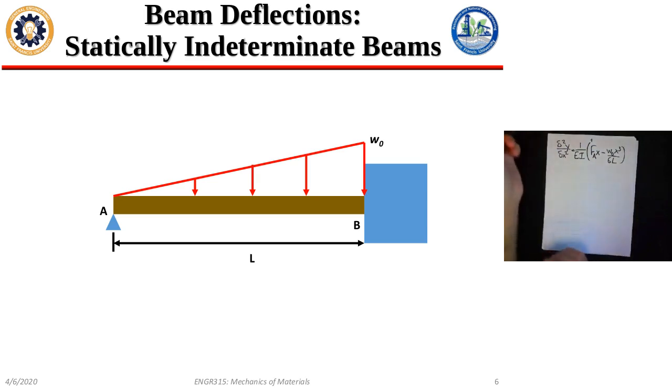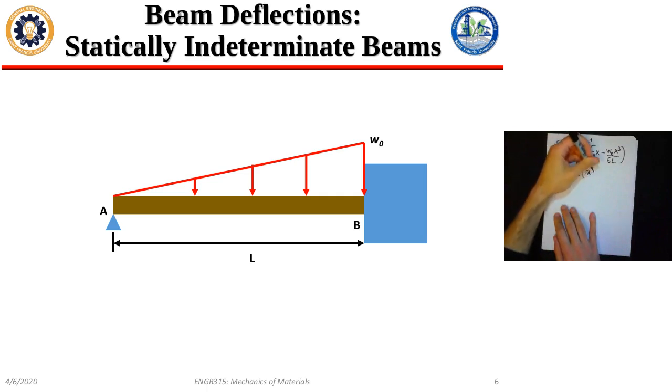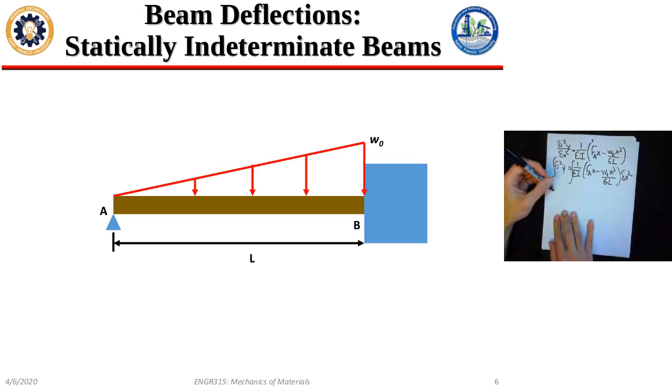All right, so we got this puppy. Time to integrate. It's such a great day when you can integrate. So y equals 1 over EI, F_A x plus w naught x cubed over 6L squared. Integrate all of that. dy/dx: 1 over EI is a constant.